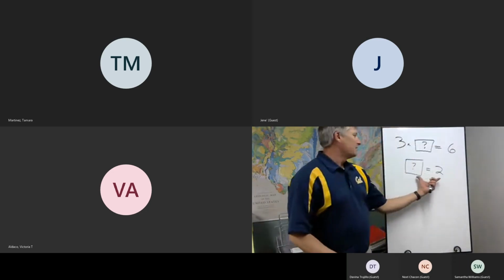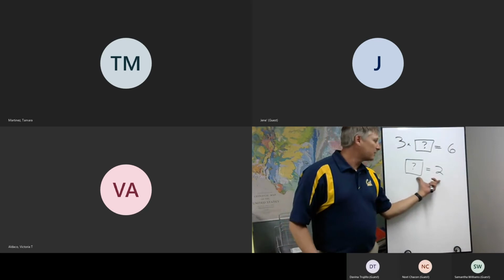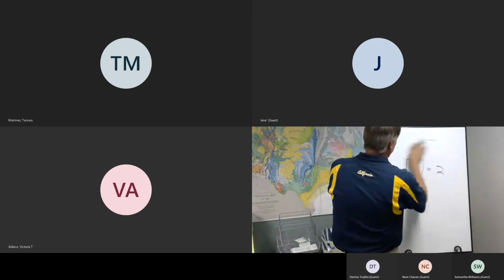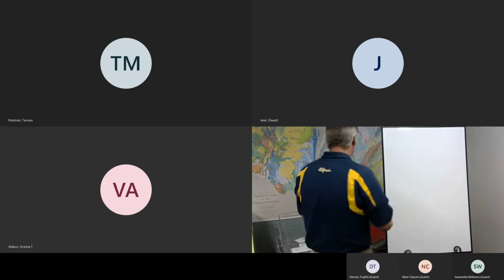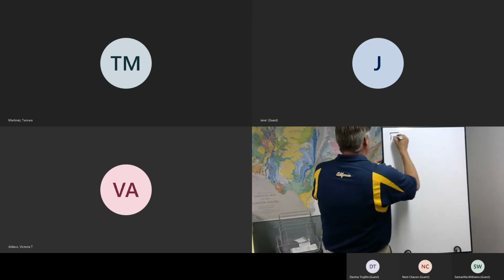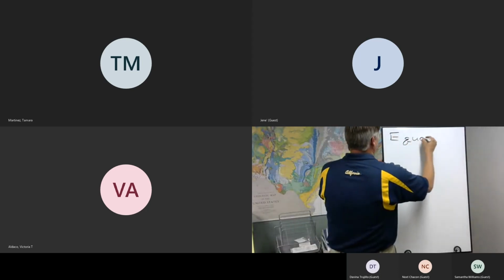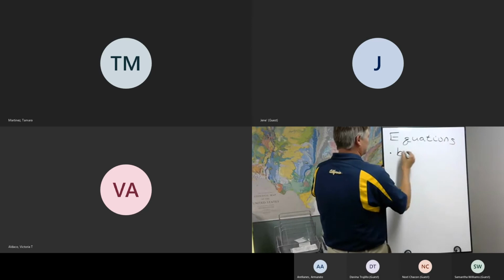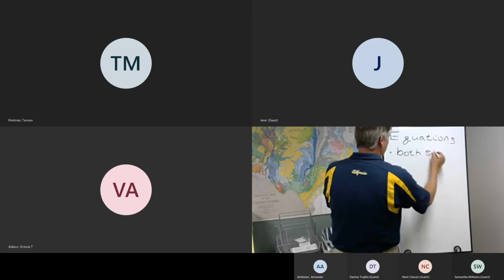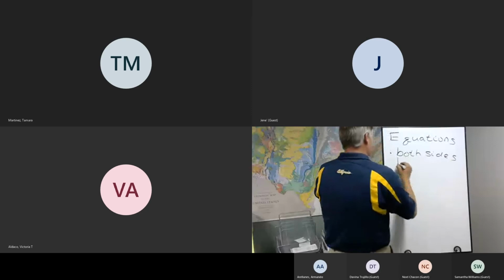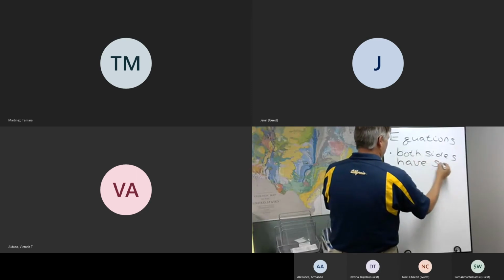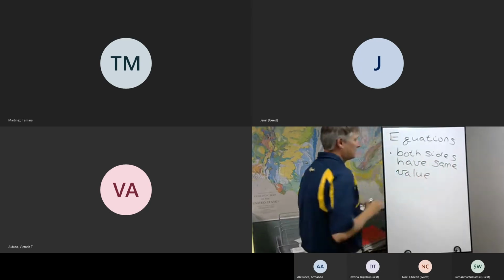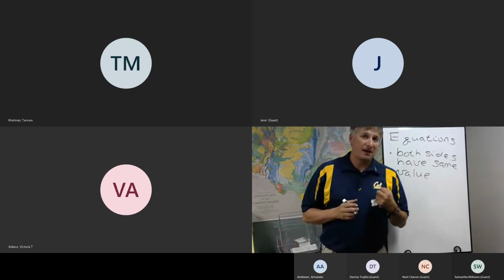And an equation says both sides of this equal sign have to have the same value. So both sides have the same value.